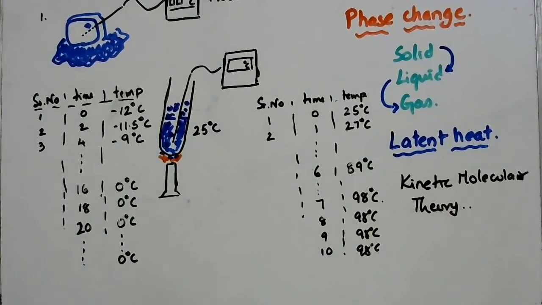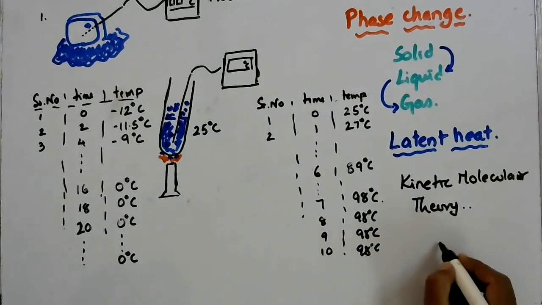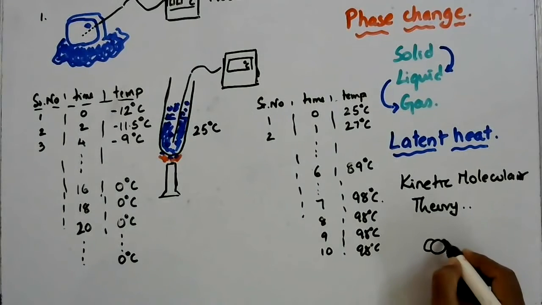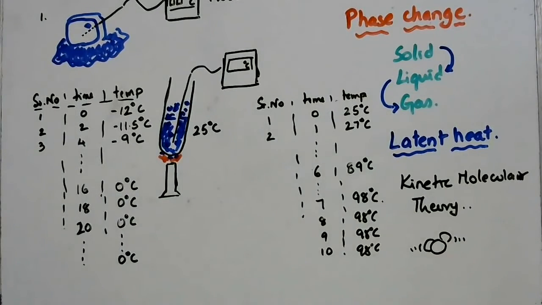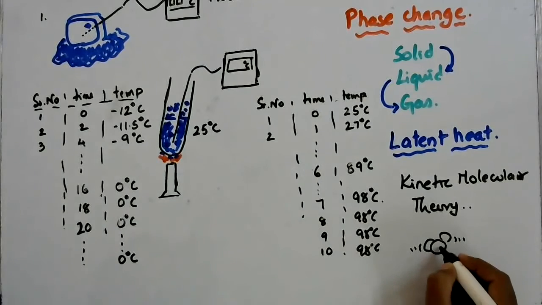Just a quick reminder, the kinetic molecular theory states that matter is always made of atoms and molecules, and that these atoms and molecules have some amount of internal energy because of which they vibrate about their mean position.